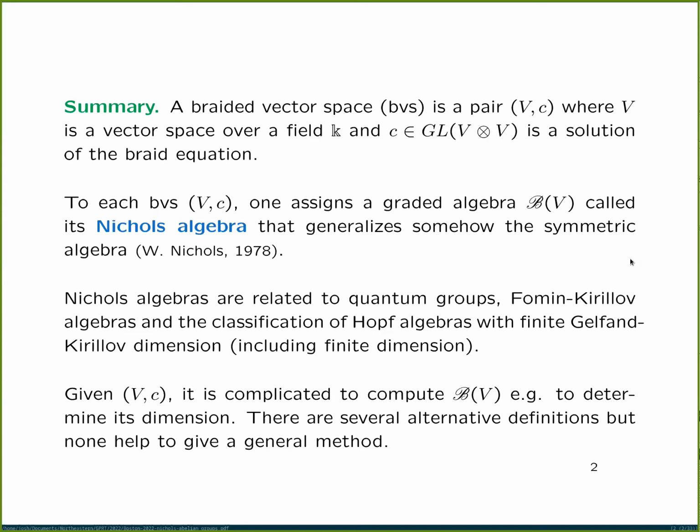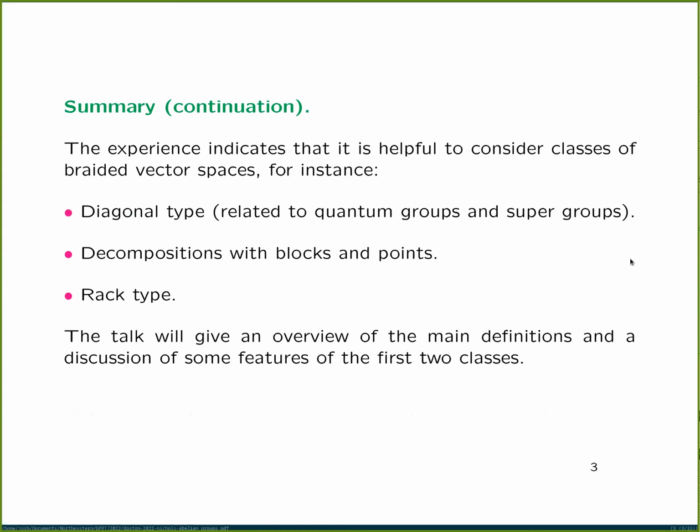Along the way, I will give several other definitions of Nichols algebra that may be useful too. To my understanding, there is no way to attack the determination of a Nichols algebra for an arbitrary braided vector space. I have to assume that this braided vector space has some special shape. This brings me to the point where I consider classes of braided vector spaces.